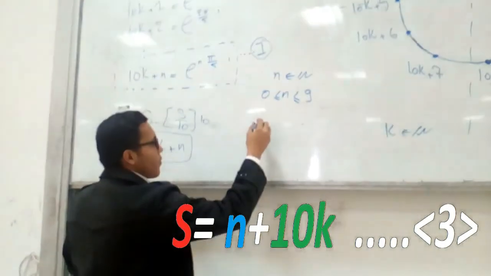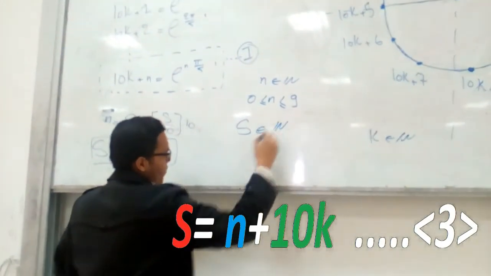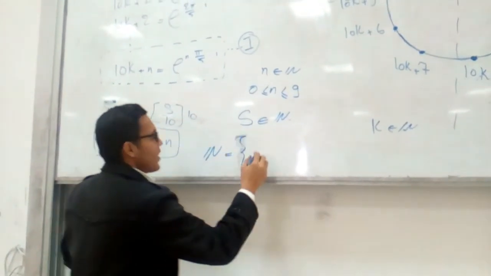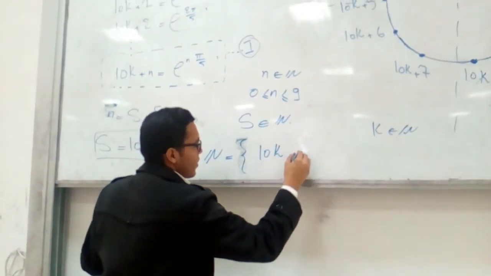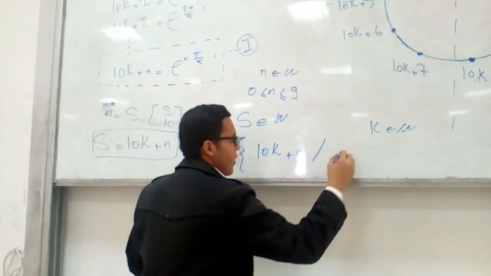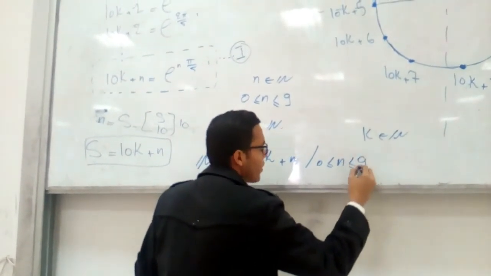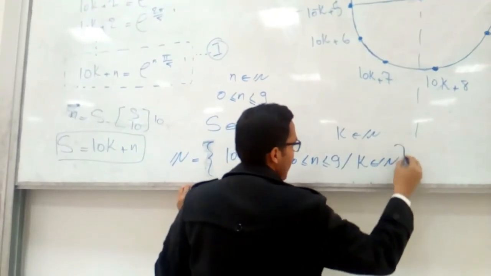This came from the fact that s is a natural number, and we can write all the natural numbers as 10k plus n, where n is between 0 and 9, and k is a natural number.